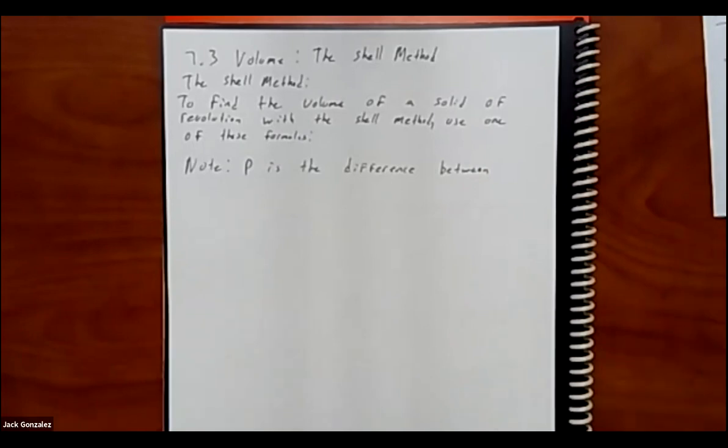Greek letter rho. Looks like a P kind of. I just can't draw it very good. It kind of looks like a P a little bit, but it's not a P.